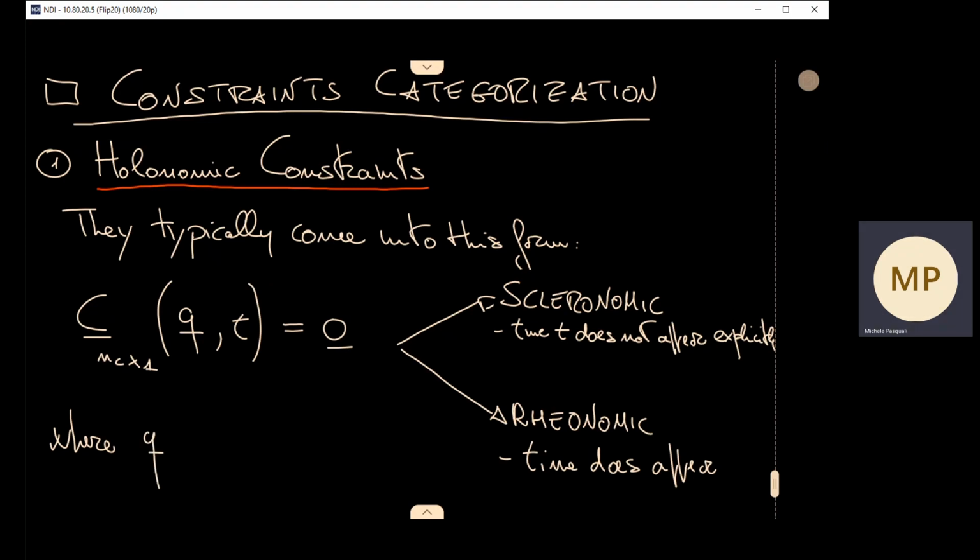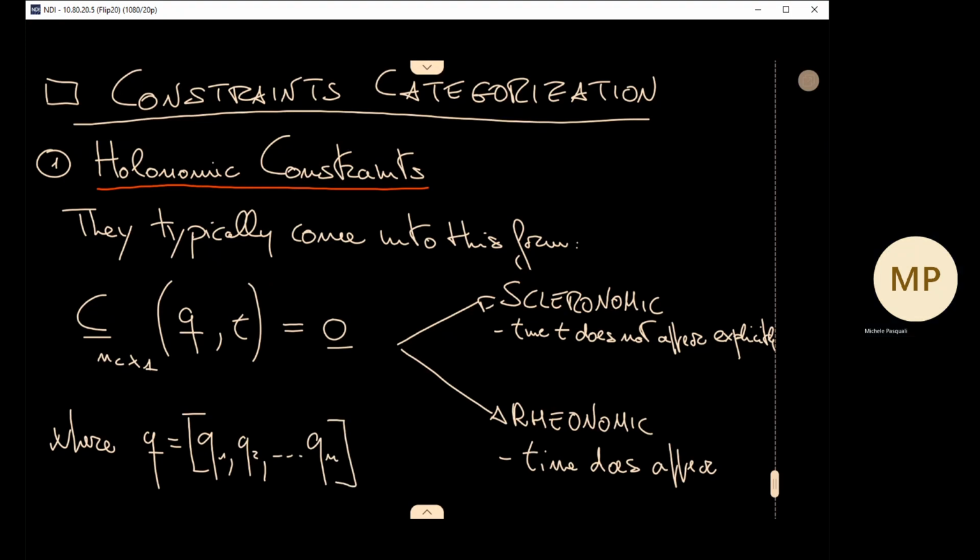Where, of course, in this previous equation that we wrote, as we have already mentioned, the q's have the following form: q1, q2, eventually up to qn, transpose, where in case of a system living in the 3D space, n is equal to 6 or 7 times nb, where 6 or 7, as we have already introduced, indicates the fact that we are using 6 or 7 parameters to completely define the position and the orientation of a body in space.